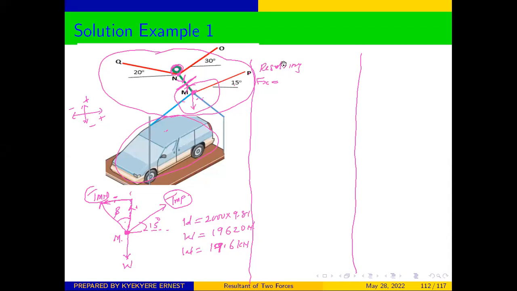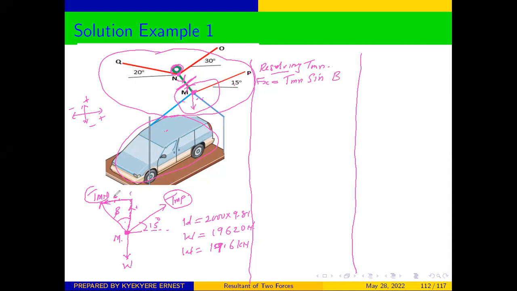Yes, so we are resolving for TMN. You can see that now the angle, the S component for TMN, we said that the angle is facing this side. Therefore, the S component is going to be TMN sine beta.